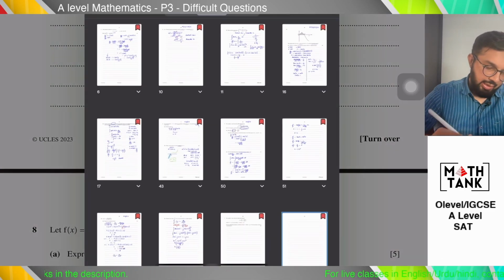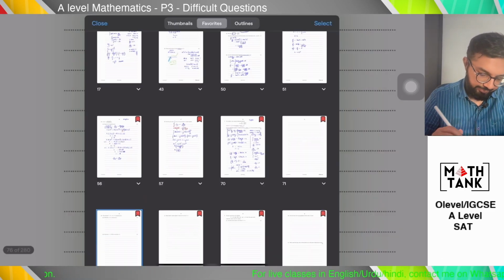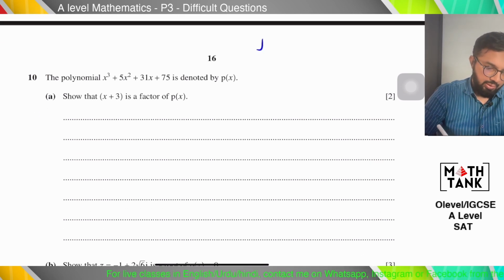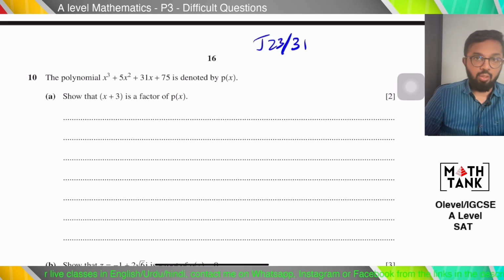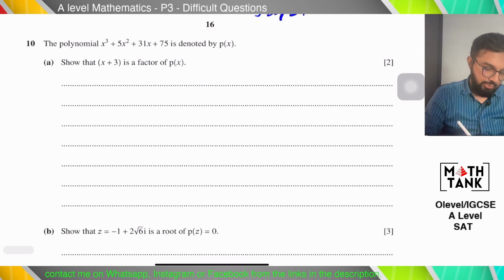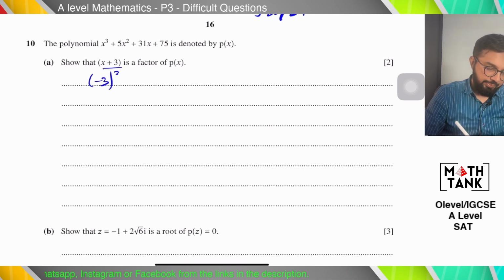Okay, let's take you to the next difficult question then. This is from June 2331 as well, and this is one on complex numbers. Let's see the polynomial, denoted by p of x. Show that this is a factor, so that's simple.